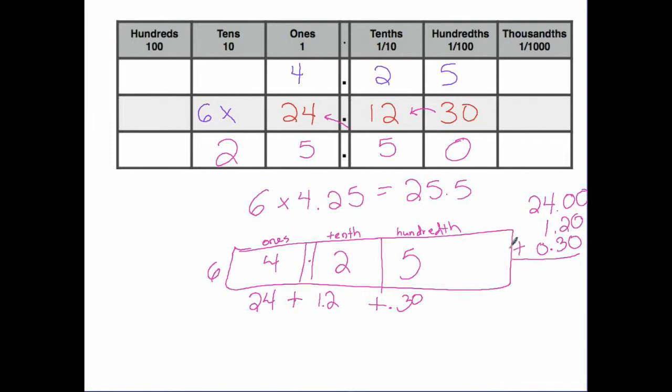Okay. Add them together. 0 plus 0 is? 3 plus 2? What do you do with the decimal? 4 plus 1? 2 plus nothing? Same answer?